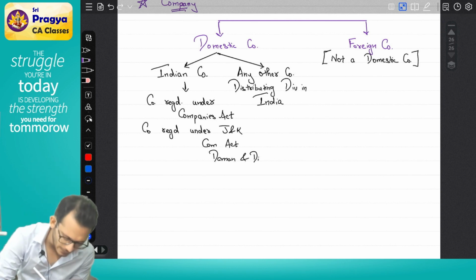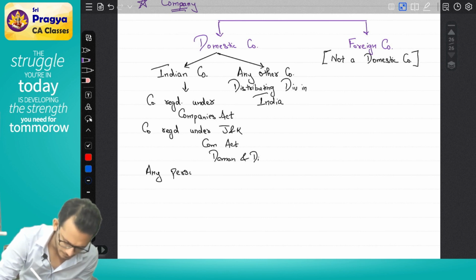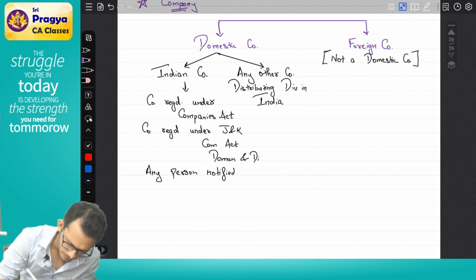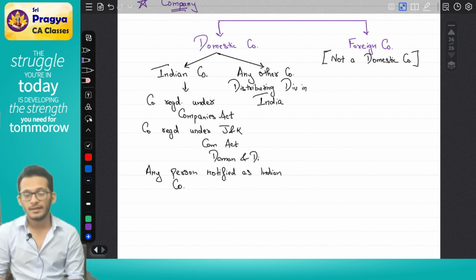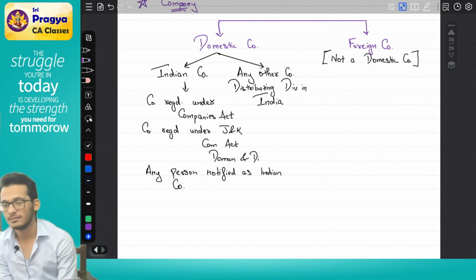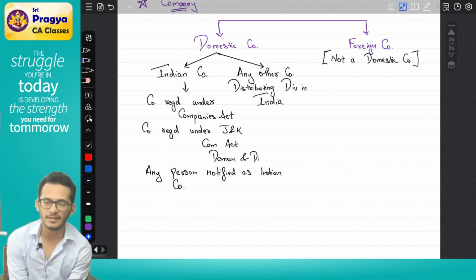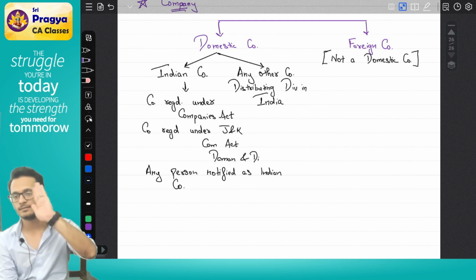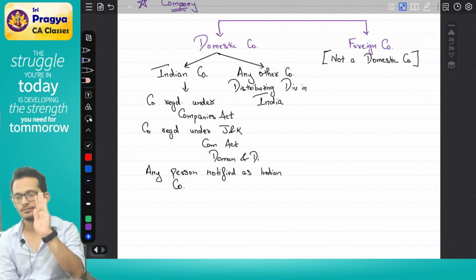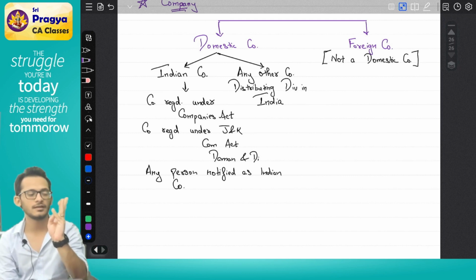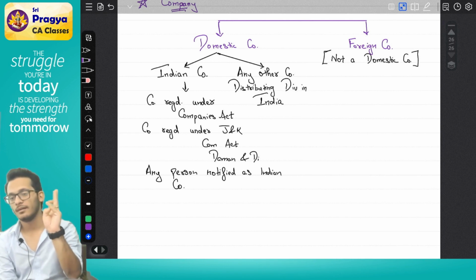And then they put a blanket thing saying any person notified as an Indian company. Who will notify? If you want to notify someone as an Indian company, you need to issue something called a circular or notification.